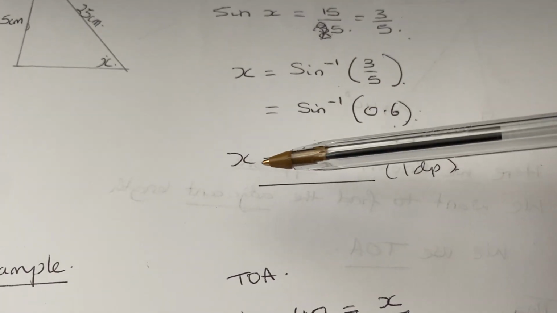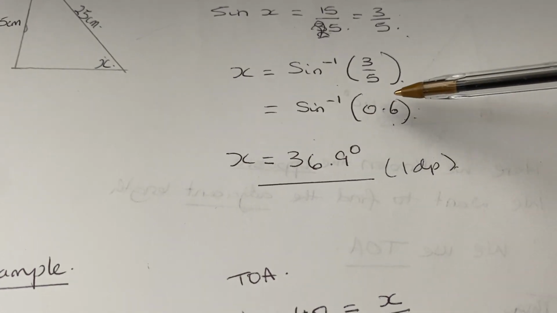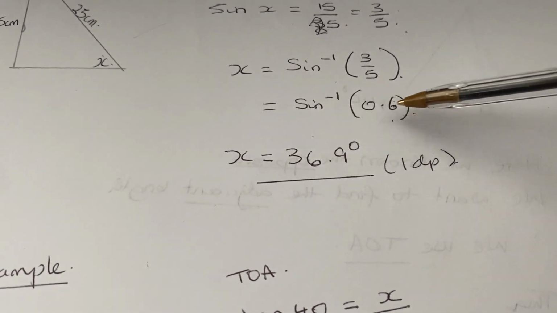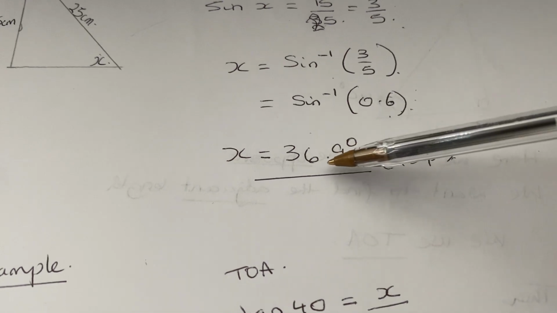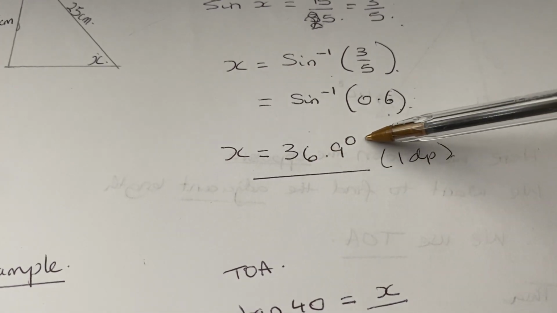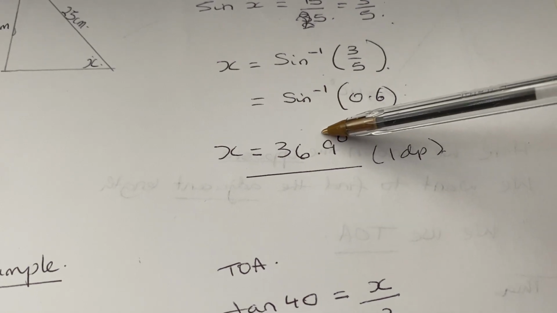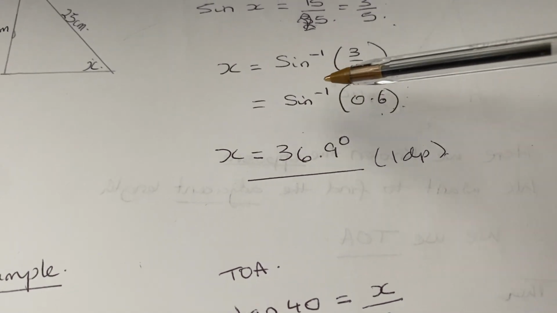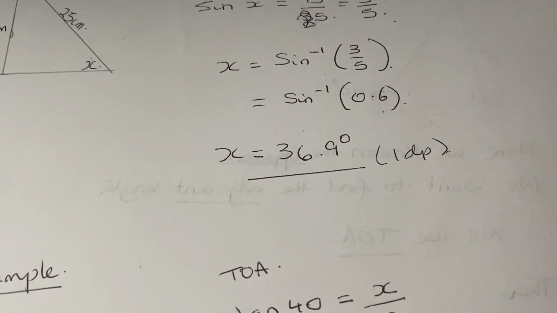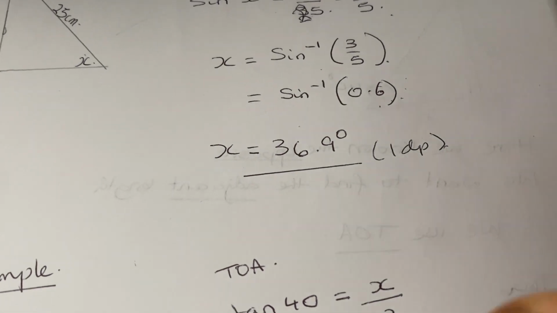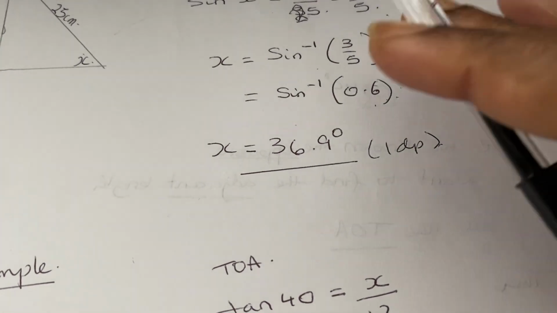Sine inverse of 0.6 will give you 36.9 degrees, to one decimal place. Leave your answer in angles in one decimal place.